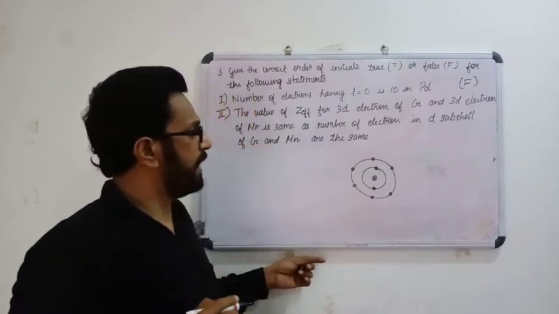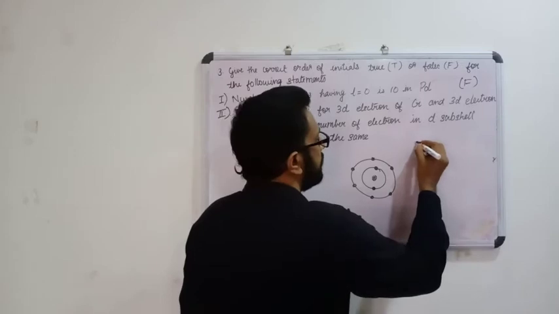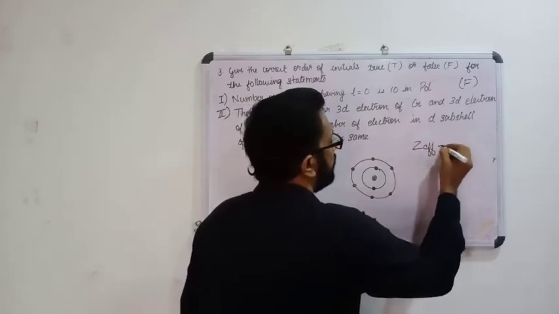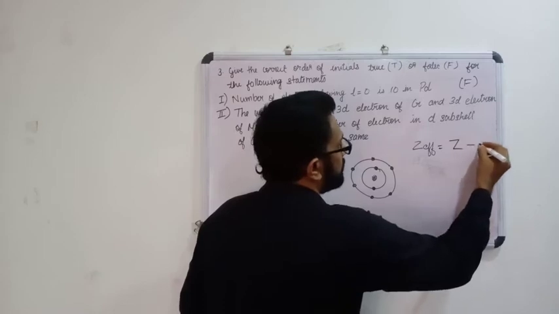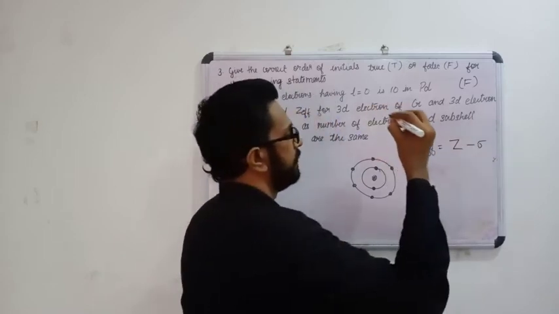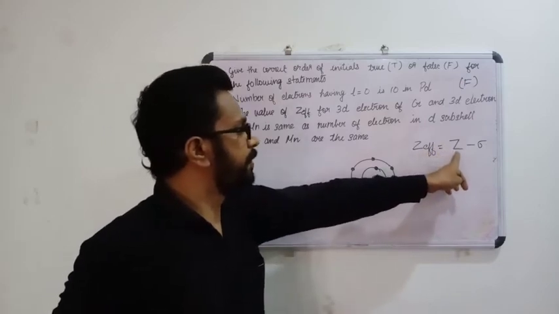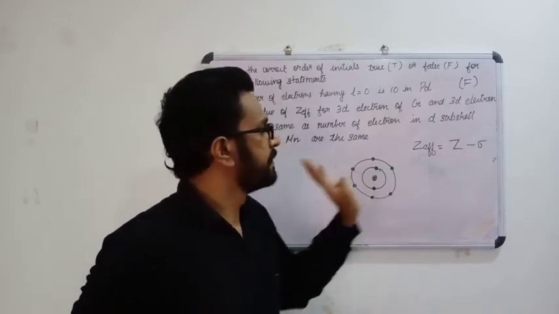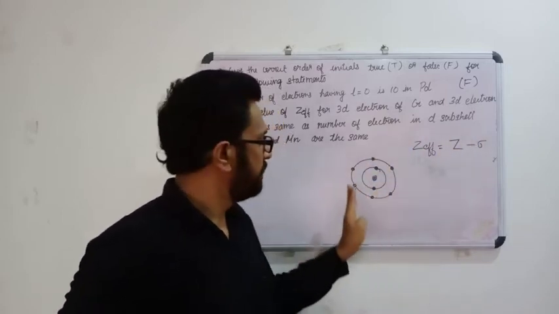There is a formula to find the effective nuclear charge: Z effective is equal to the number of protons minus the shielding, which is the number of electrons in the inner shells.